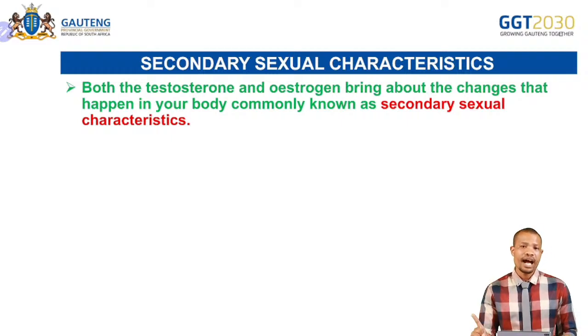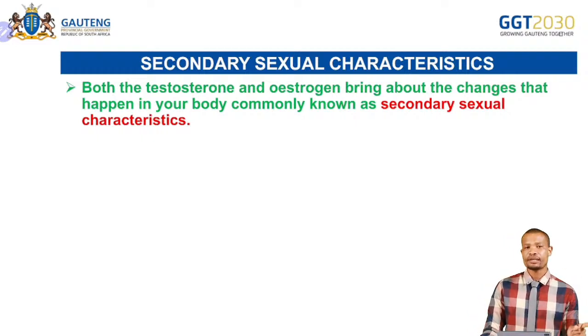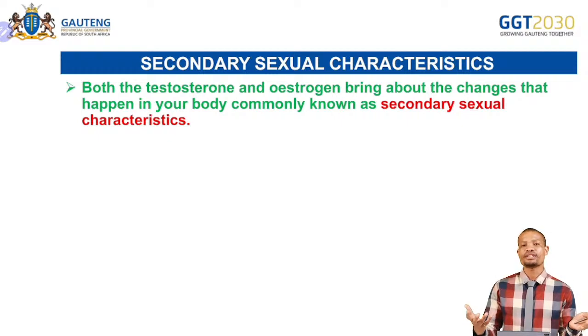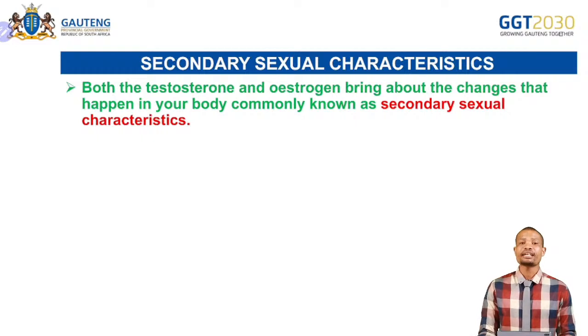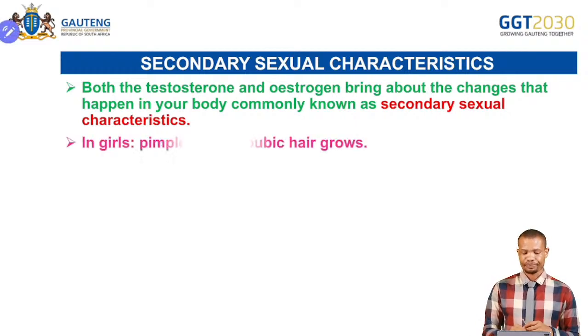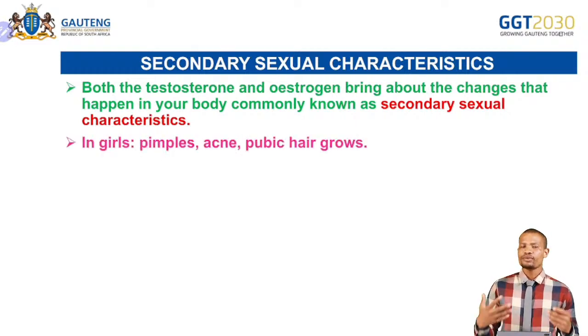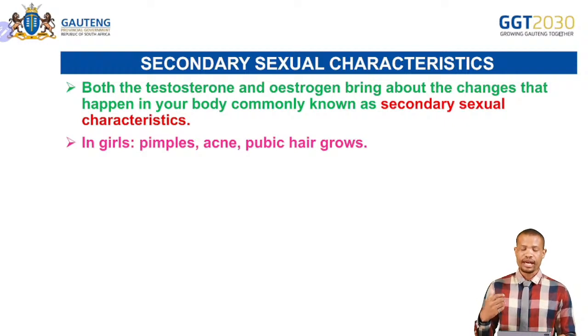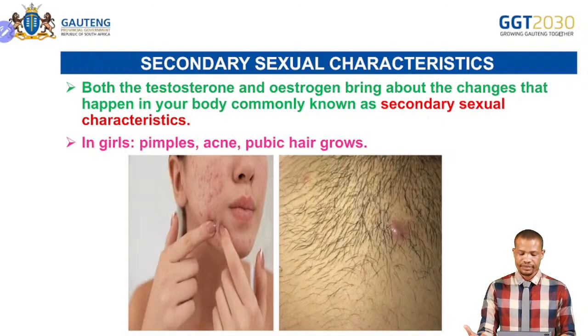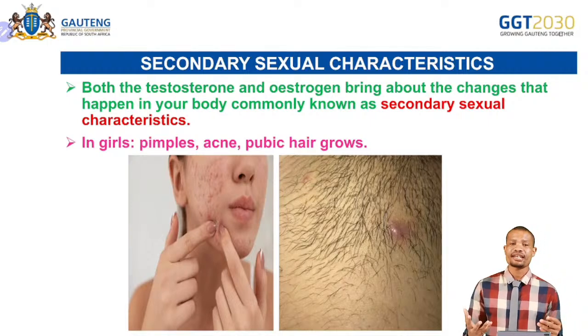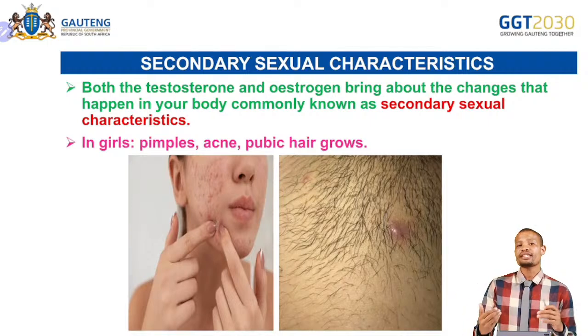By either testosterone in males or estrogen in females. And the changes that occur as a result of these hormones, we call it what? The secondary sexual characteristics. So in girls, you will see things like pimples and pubic hair, right? Those are examples of these secondary sexual characteristics, the changes that occur in the body.